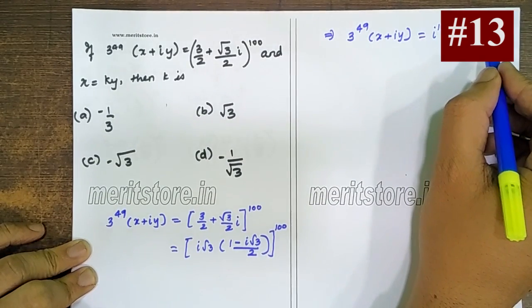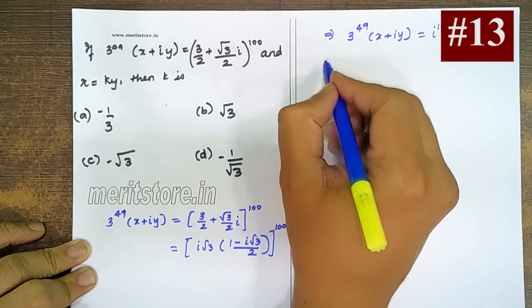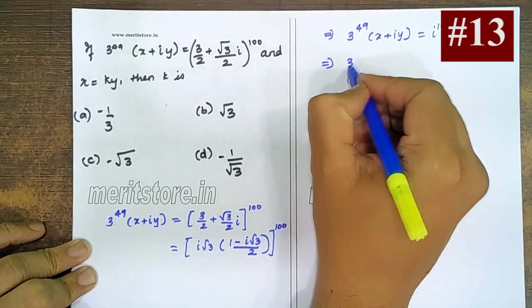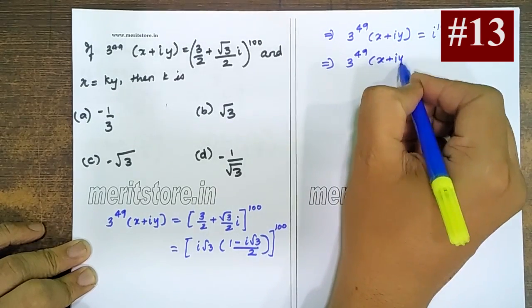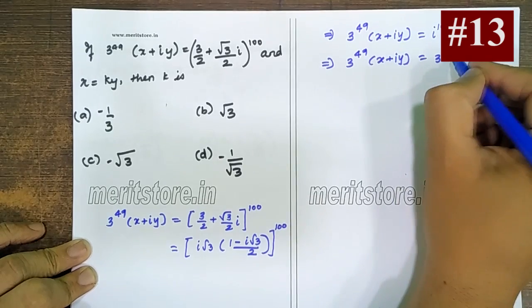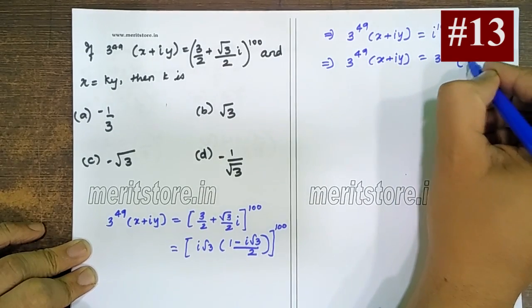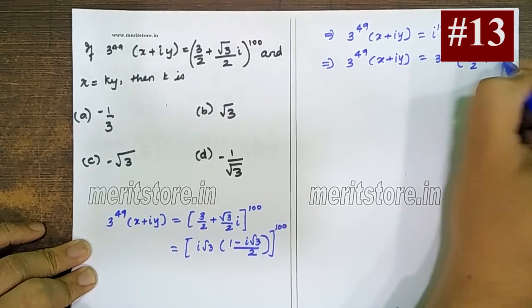Now omega is nothing but the complex cube root of unity, whose value is this 1 minus I root 3 upon 2. So now on simplifying further, we'll get 3 raised to 49 x plus iy is equal to 3 raised to 50 into minus 1 by 2 plus I root 3 by 2.